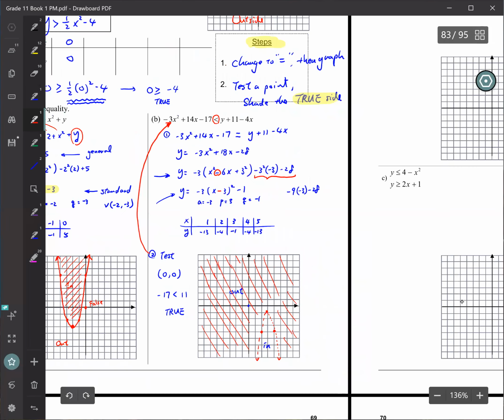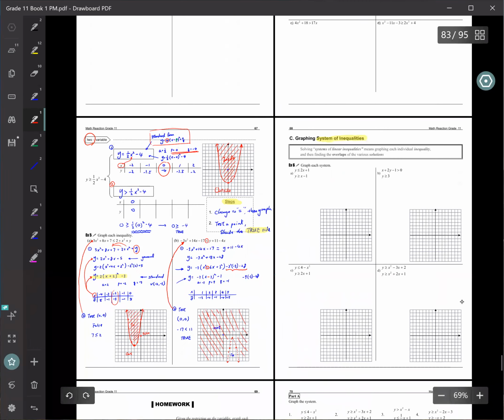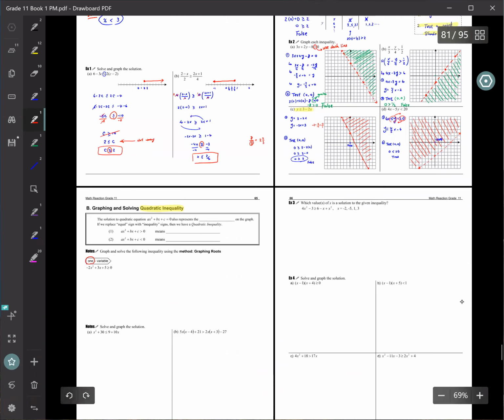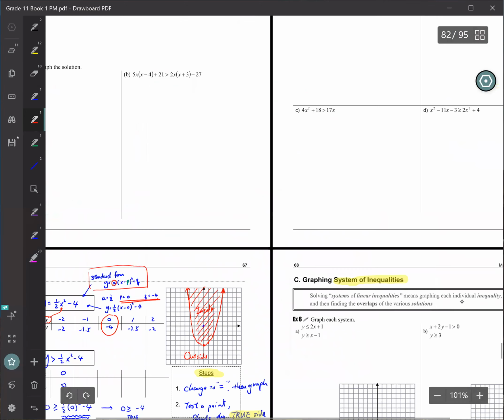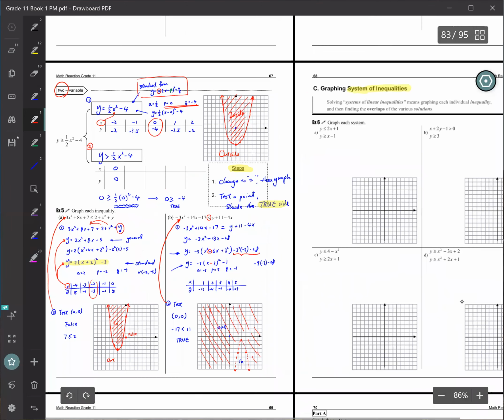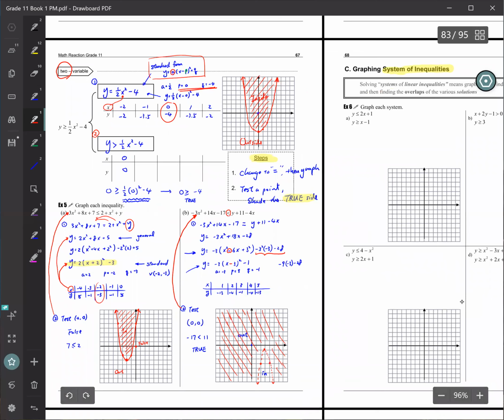Okay, the last little bit I still want to do is combining what we learned last week, right? Straight lines, we have straight lines, how to do shading. Today we covered how to do shading for parabolas, and we can combine them together. Okay, so if there's more than one shading, we call that a system.